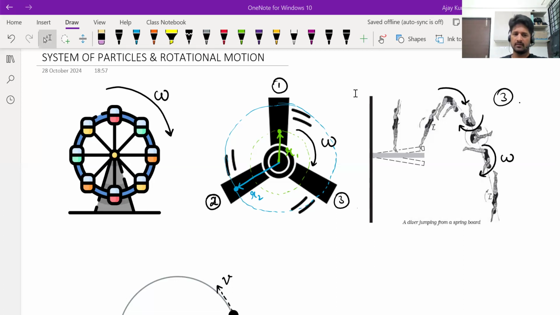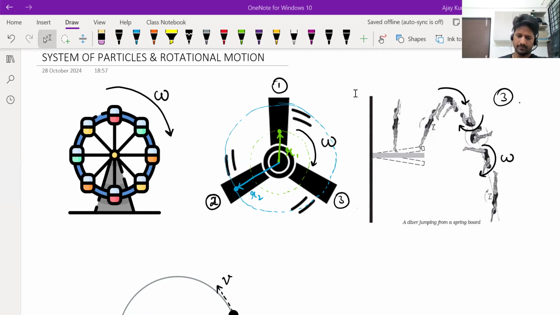Yes, sir, because the fan speed is the same. It will be the same. By the time the first blade completes one rotation, the second one also will complete, the third one will also complete. Saket, do you agree with that or not? Yes, sir. Okay. And what about the giant wheel case?